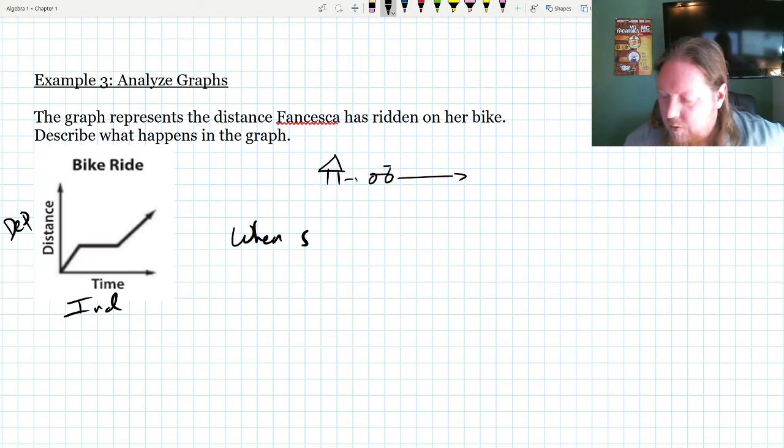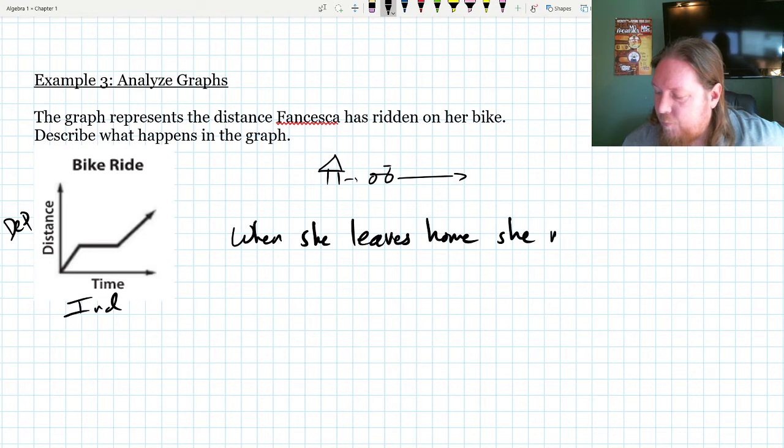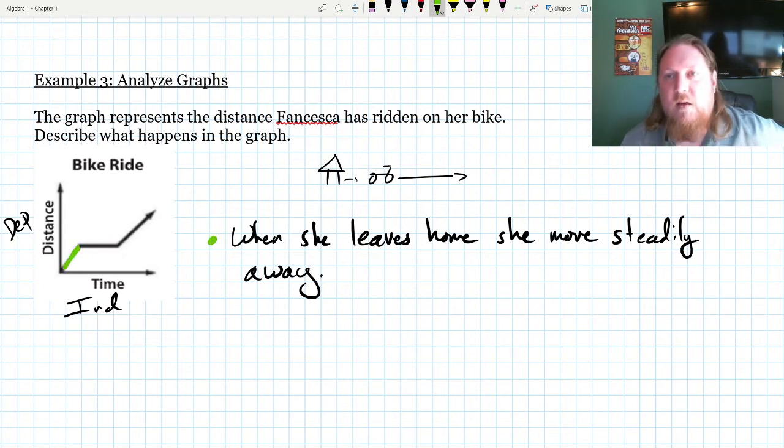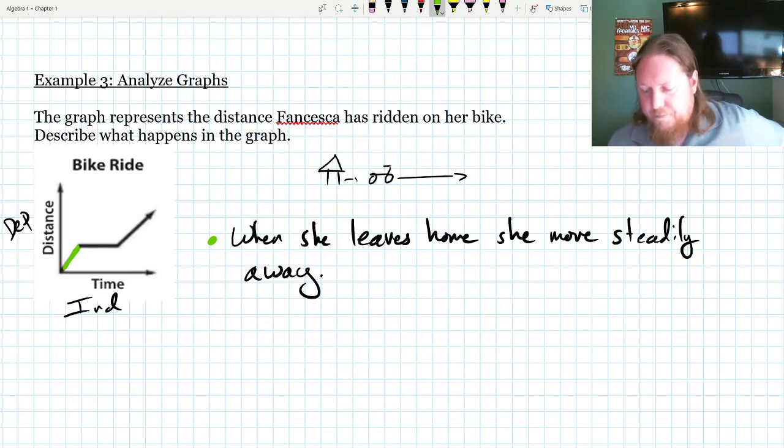When she leaves home, she moves steadily away. And that's what's happening in this green part of the graph right here.